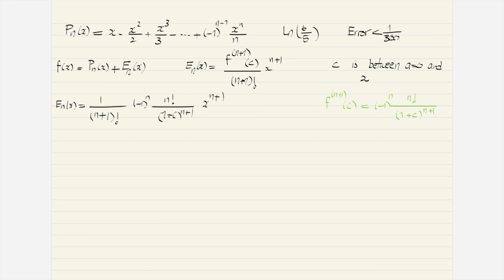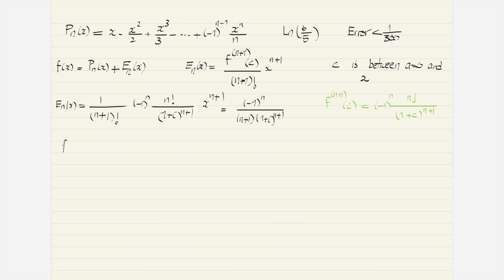But for the same reason, n plus 1 factorial can be written as n plus 1 times the previous factorial, but this n plus 1 factorial and that one are gone. So this becomes simply minus 1 to power n divided by n plus 1 times 1 plus c to power n plus 1. And now I will plug everything back.